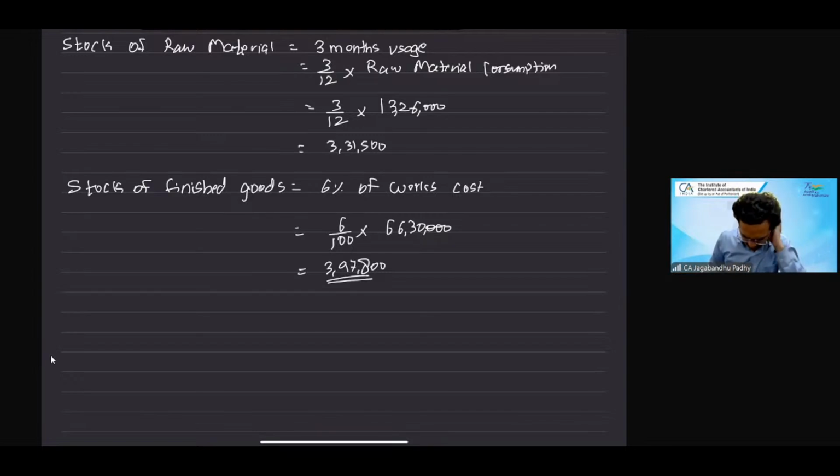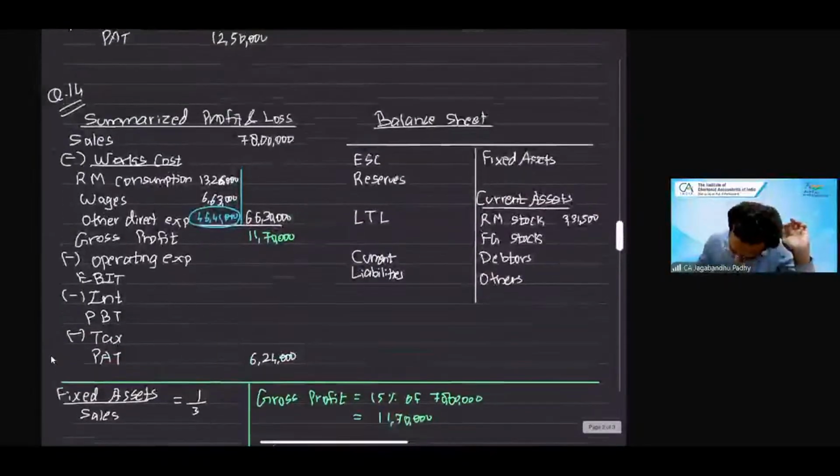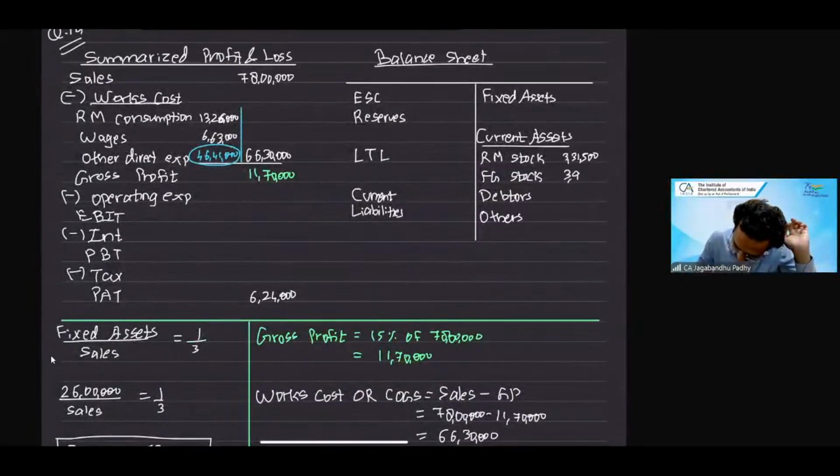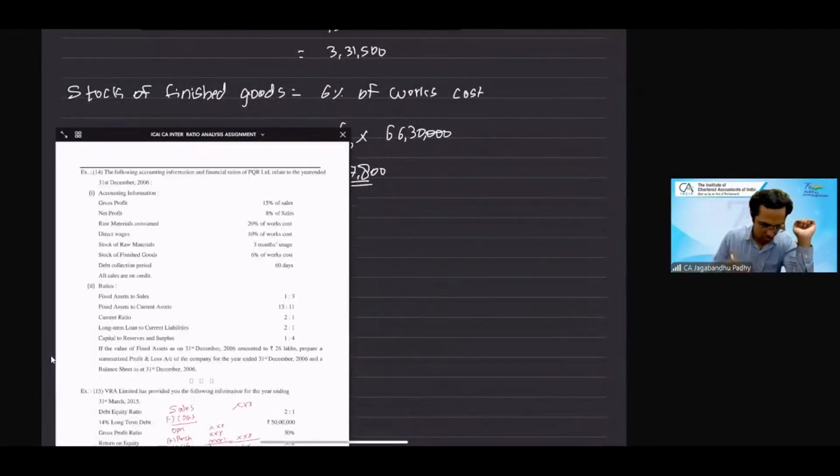So stock of finished goods is 3,97,800, and in the balance sheet we'll write it as 3,97,800. So that is done. Next.